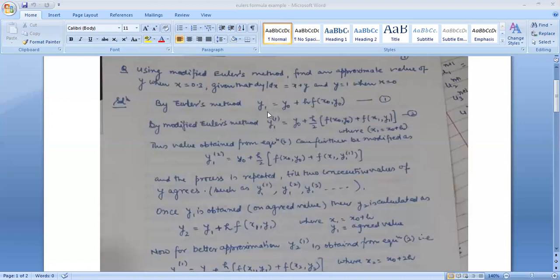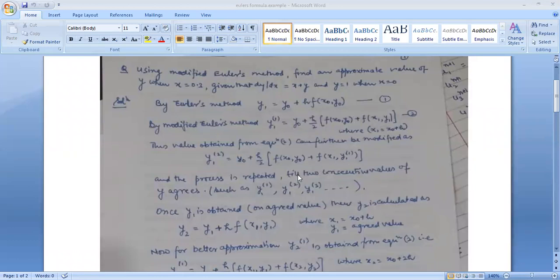So once we are able to get the value of y1 dash, we try to find out y1 double dash, or y1(2) value. For that, we will apply the second formula itself, that is y0 plus h by 2 f(x0, y0), this will remain as it is, but instead of y1 we will write y1(1).